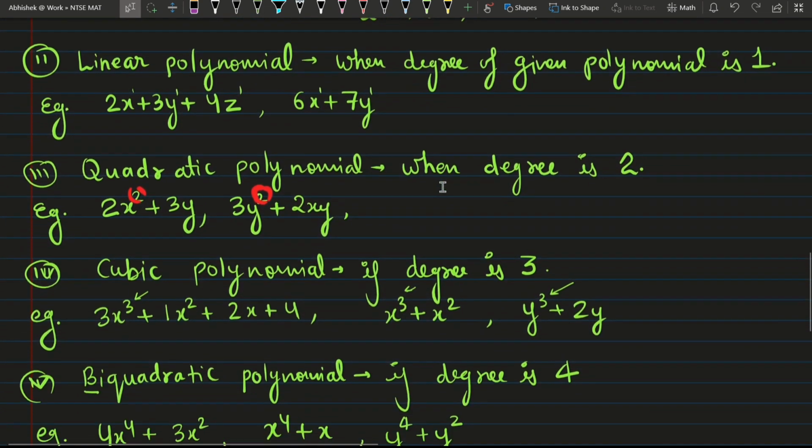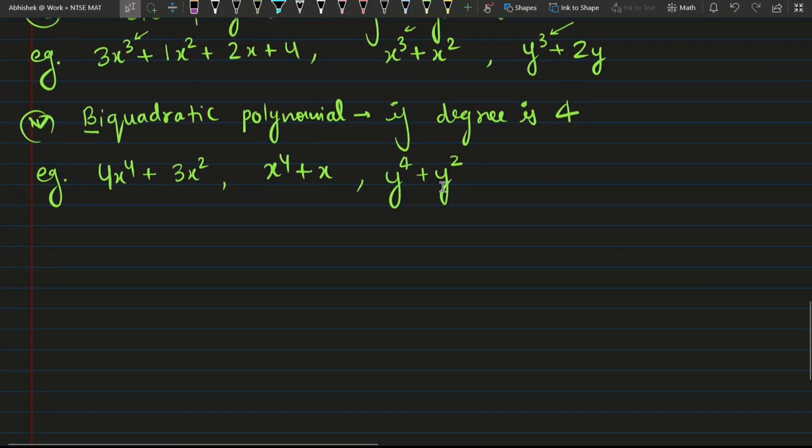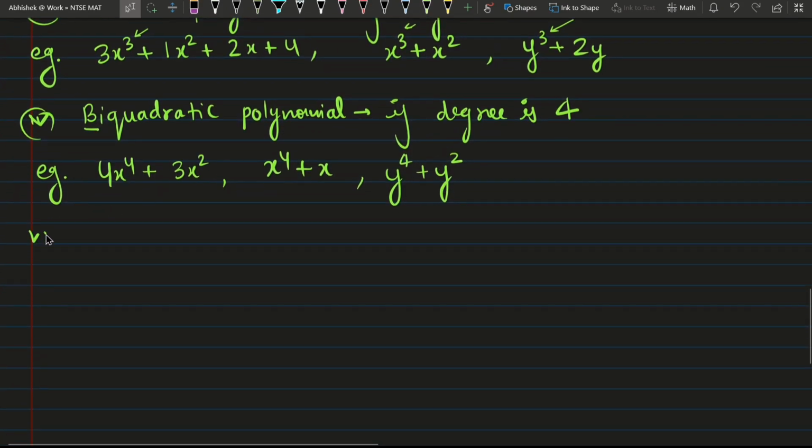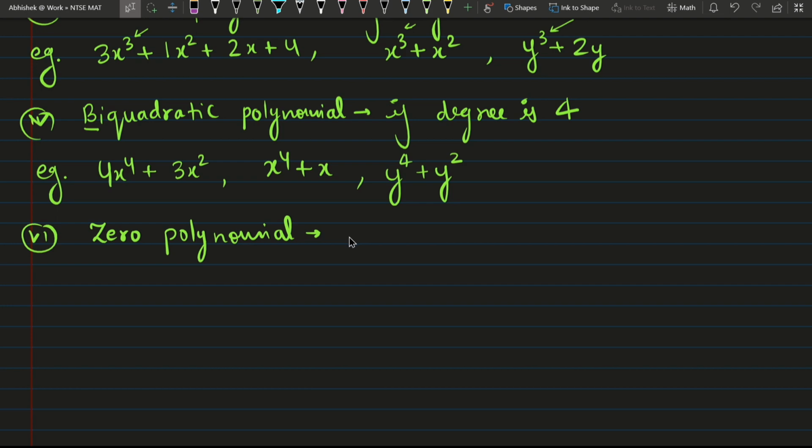One polynomial is remaining, that is zero polynomial. Any polynomial that is equivalent to 0, we call a zero polynomial.